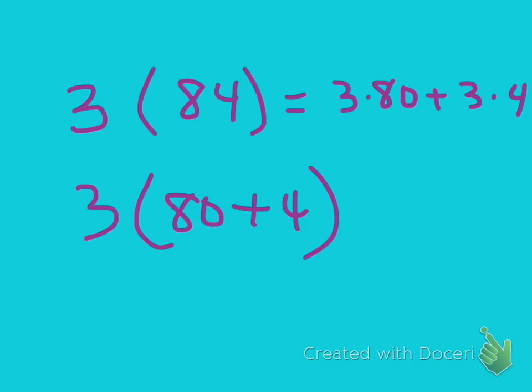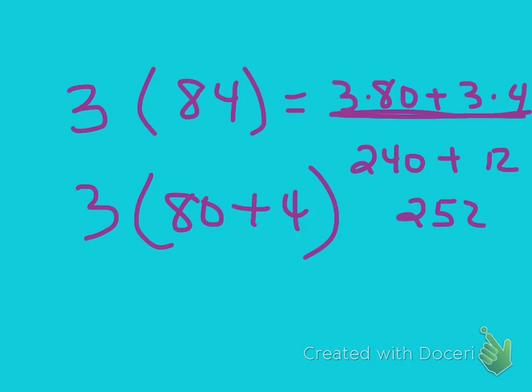Sometimes mental math is easier than actually figuring out what it is. This is 240, because you can do that one quick, and that's 12. Then 240 plus 12 is 252. It's easier when you're doing mental math to break it down into its pieces, and you're using the distributive property when you do that.